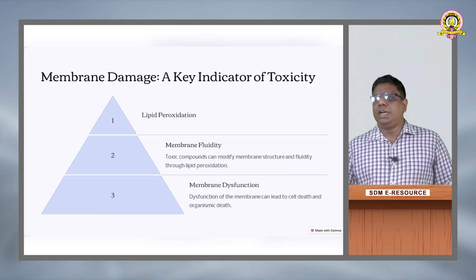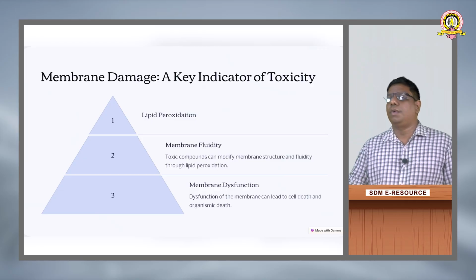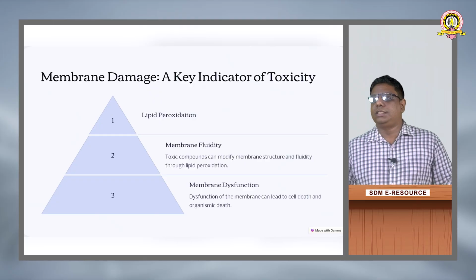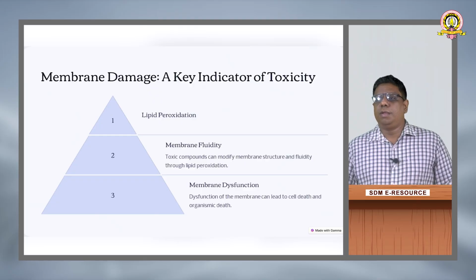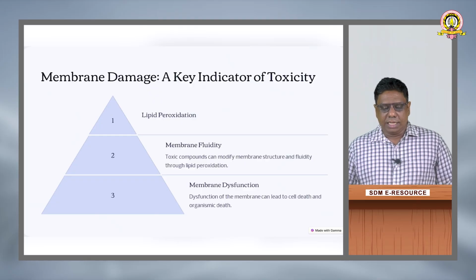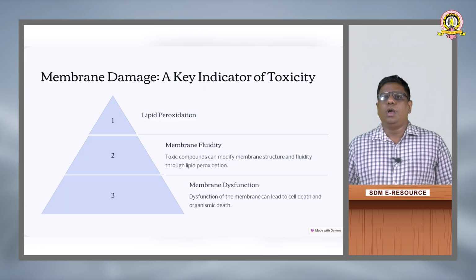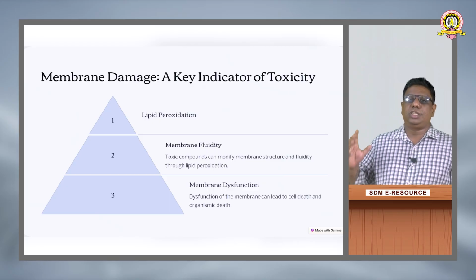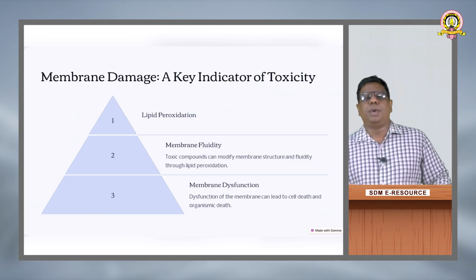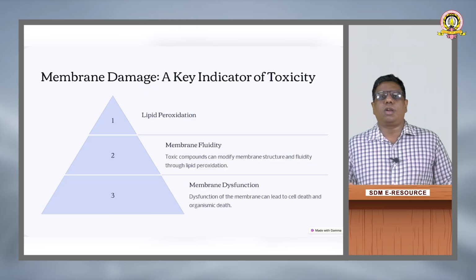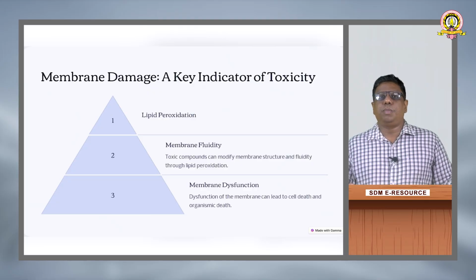Next, membrane fluidity. Toxic compounds can modify membrane structure and fluidity through lipid peroxidation. The structure is completely damaged and there won't be a proper cell membrane. The cell may shrink, and its size will be much smaller than the original or normal cell. That is an important criterion for cellular damage.